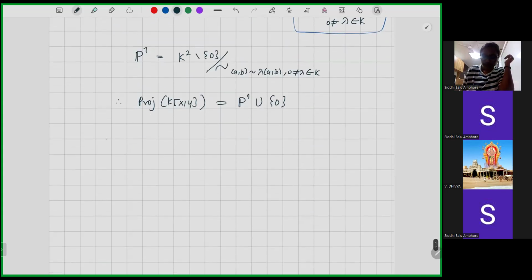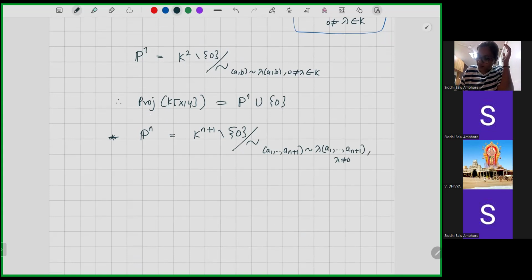In general, Pn is also defined like this: Pn is k^(n+1) minus 0 with this equivalence relation, where (a1, ..., a(n+1)) is identified with lambda times (a1, ..., a(n+1)), and lambda is non-zero in k.